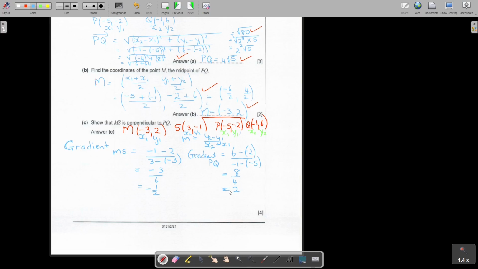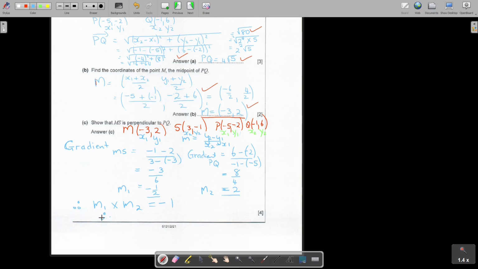And then I can say, from this, can you see there are reciprocals? Can you see different signs? So, therefore, I can say, let's call this M1, this M2. Therefore, M1 times M2 is equal to negative 1.